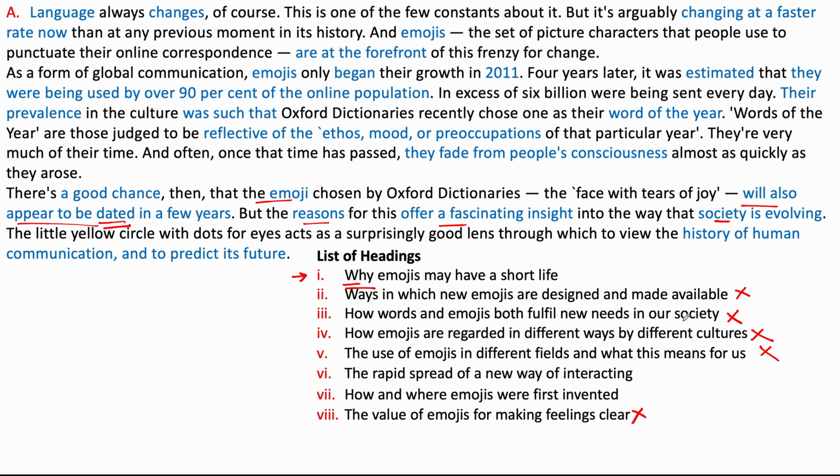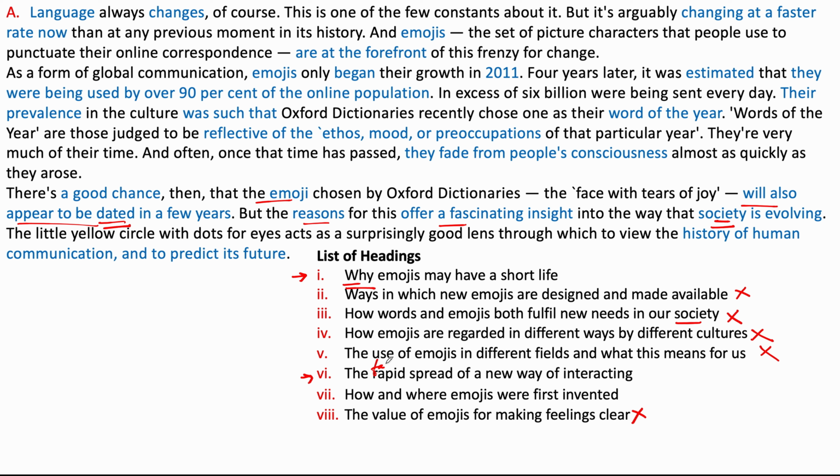Yes, if you just go in for mention of words like society, which is mentioned in the passage, they may confuse you. But if you understand what the passage is saying and then what the heading is saying, they do not mean the same thing. The sixth heading says the rapid spread of a new way of interacting.